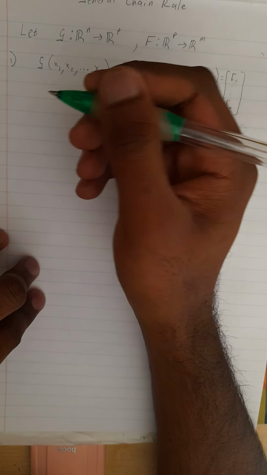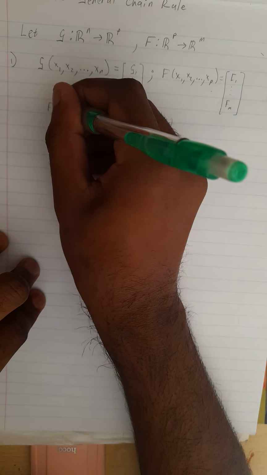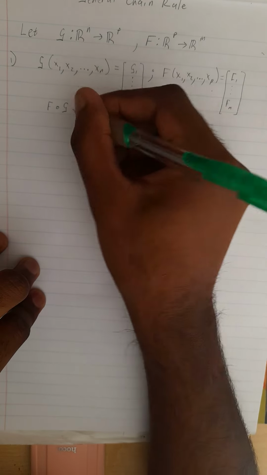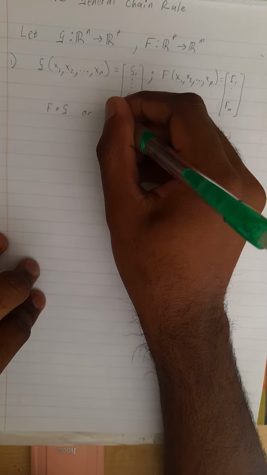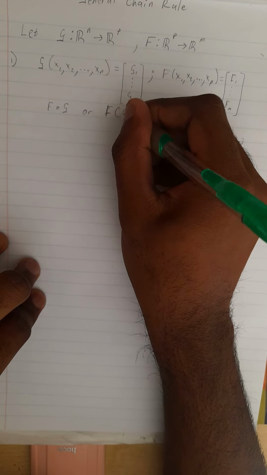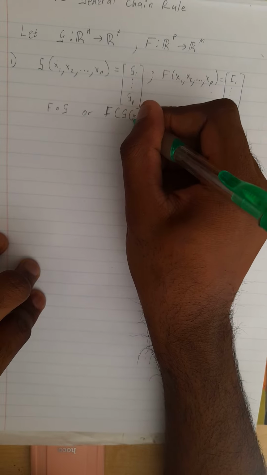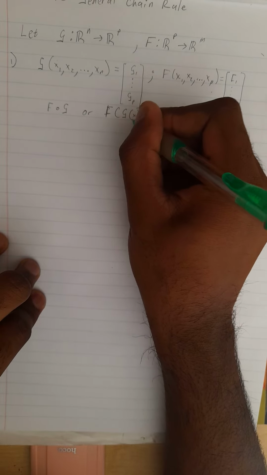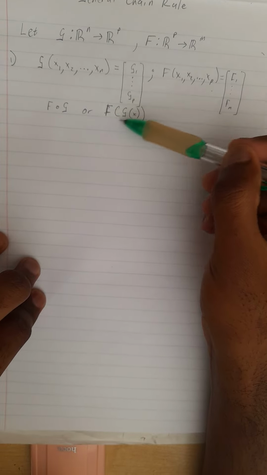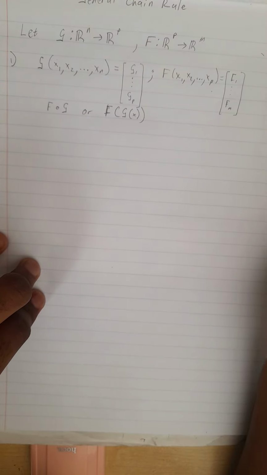For example, it can be written as f small circle g, something like that, or basically big F with the composition of g. So basically it's much easier to look at it from this point of view, but they're both equivalent forms.